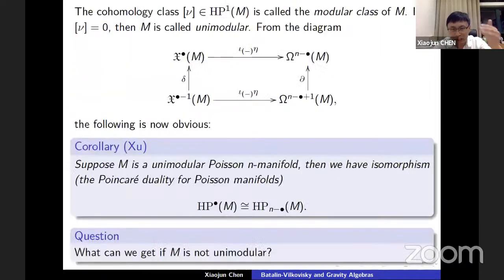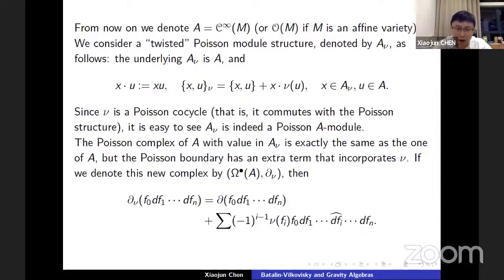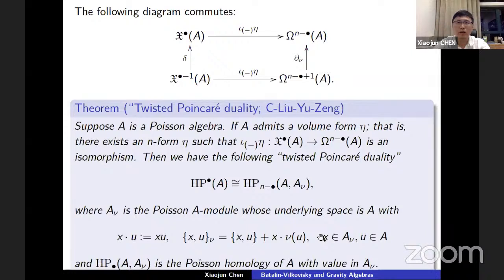The difference is exactly given by this second line. If we add this term to the boundary, then this is a commutative diagram. Because the horizontal map is now an isomorphism, we get the following twisted Poincare duality.